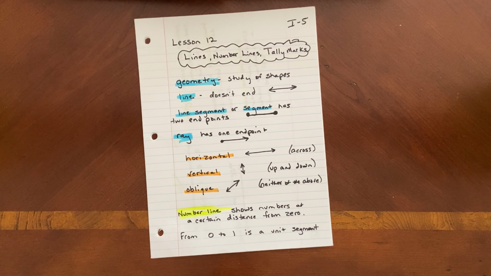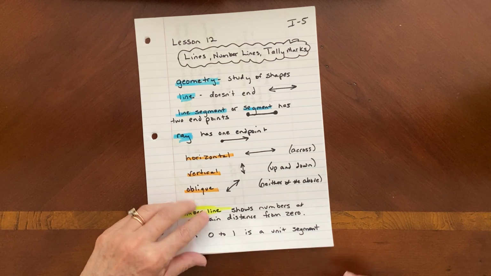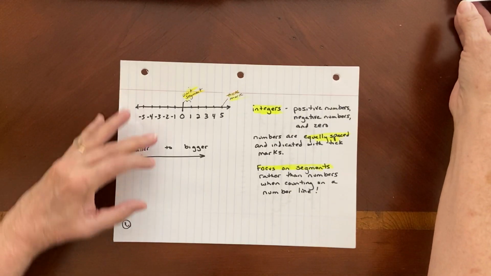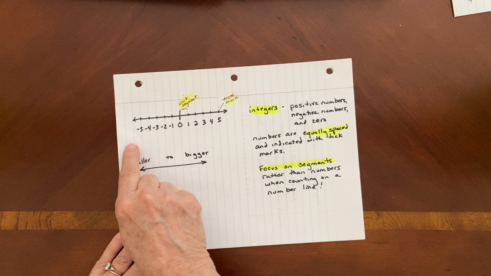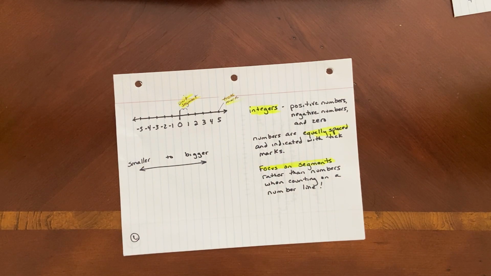You've seen them forever, but let's talk just a little bit more in detail. It shows numbers at a certain distance from 0. So from 0 to 1 is called a unit segment. All the segments on a number line should be the same size. I turn my paper sideways and look, I already have little same size segments drawn out for me on my notebook paper.